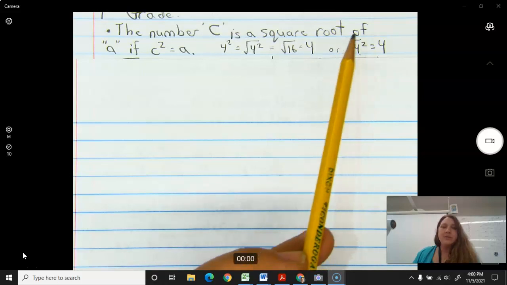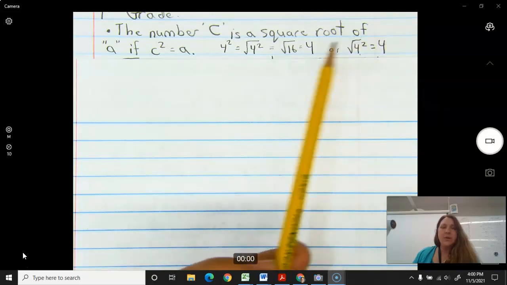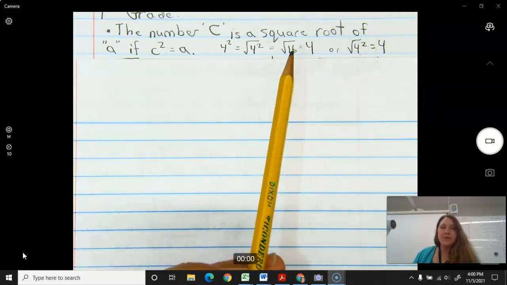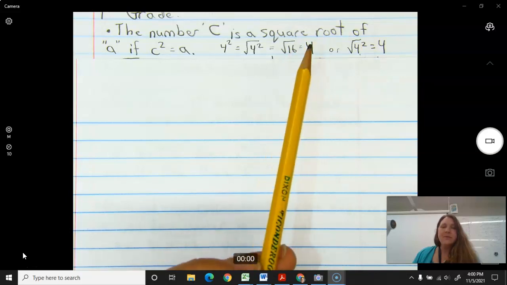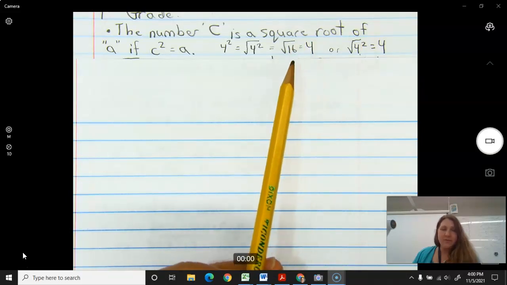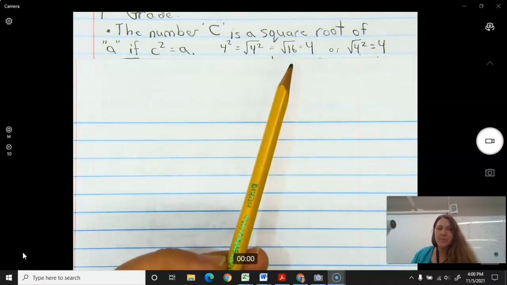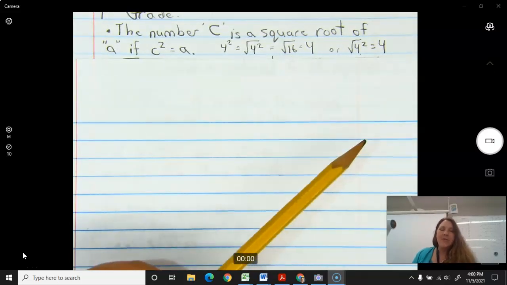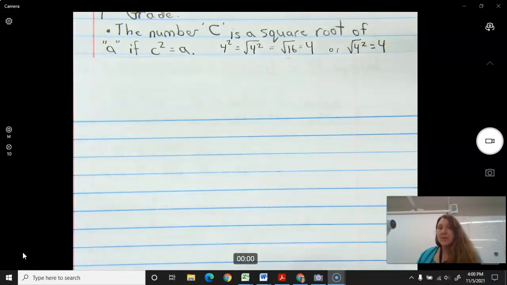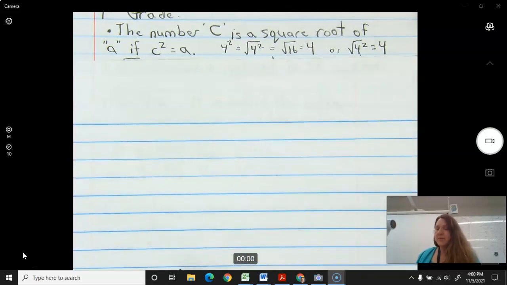So you'll see it initially as one of these 2 ways: if 4 squared equals 16, that means 4 is the square root of 16. It's this forward and backwards thinking that you need to have when you're looking at squares and square roots.